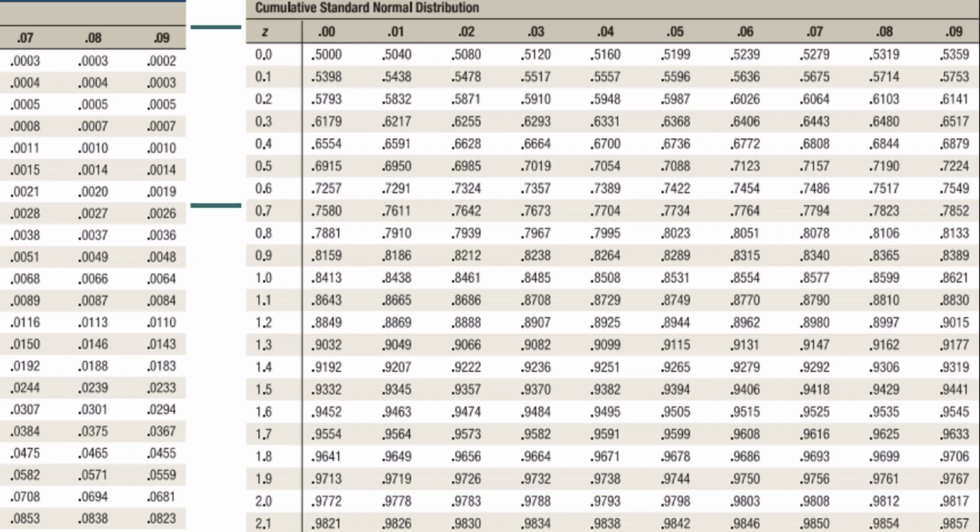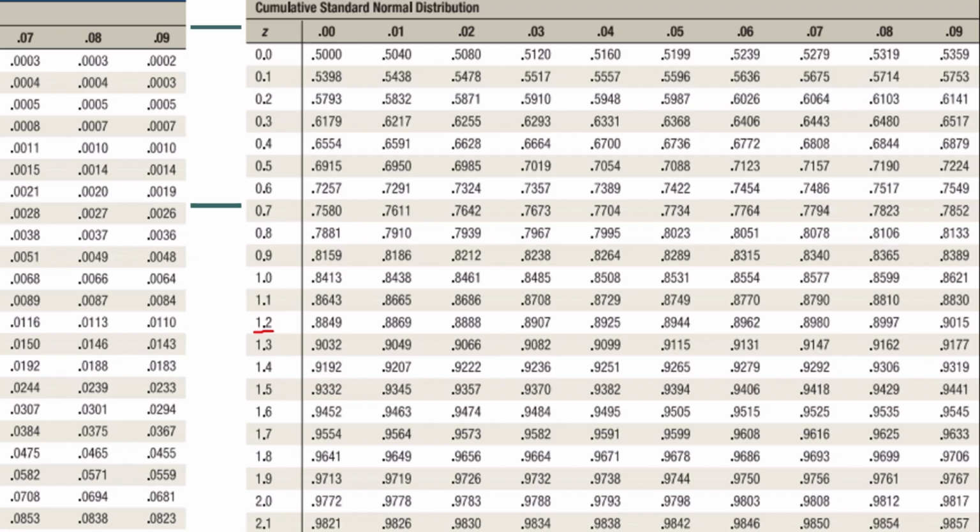For the positive values, the row header is gonna give me the whole number and first decimal, which is 1.1. I don't want 1.1, I want 1.2. And the second digit of my z value, which is 1.20, that's 0, I'm gonna read from here.